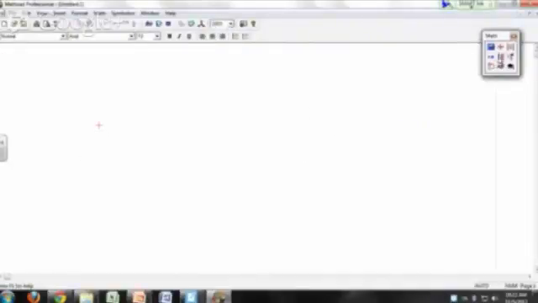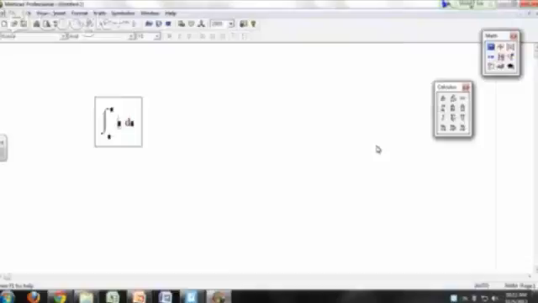So if you take the integral of x times (L minus x), squared, this is the denominator, right? dx from x equals 0 to x equals L, what would that be? Will MathCAD be able to evaluate that for you?